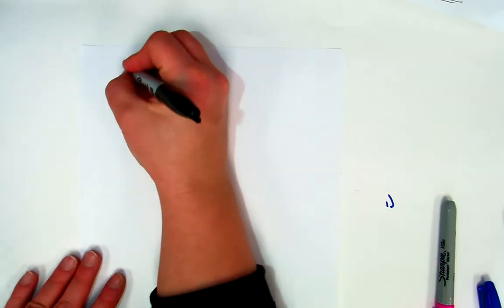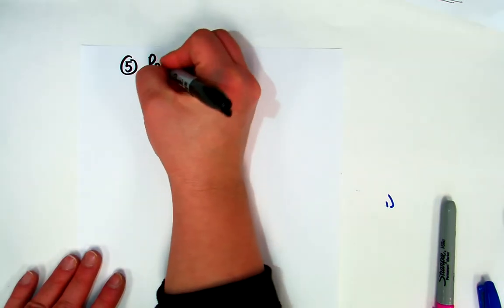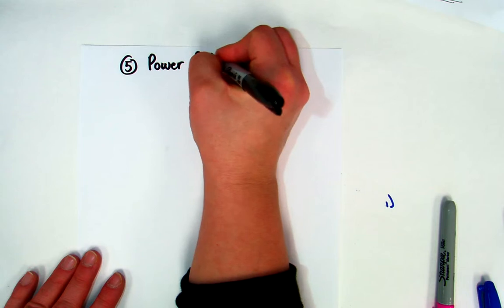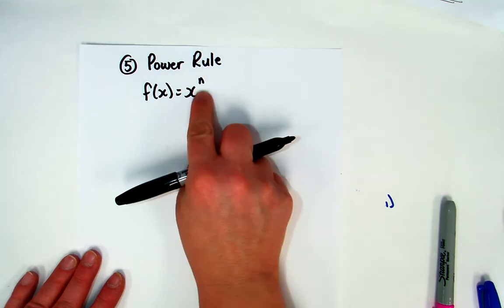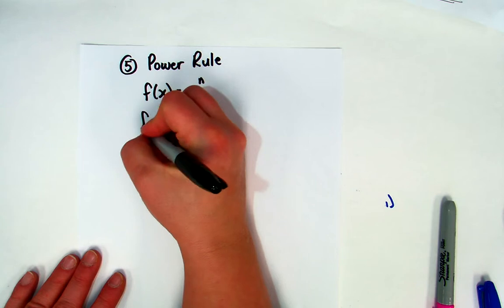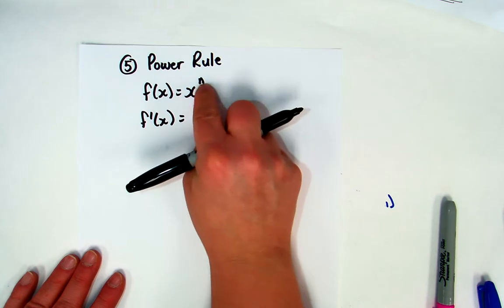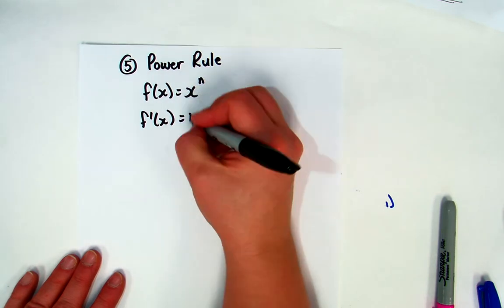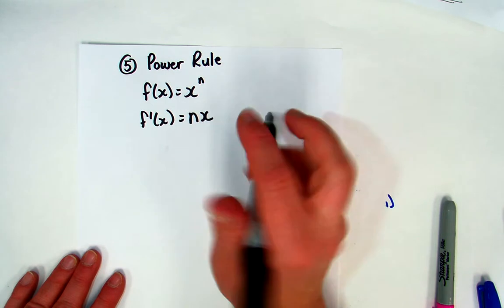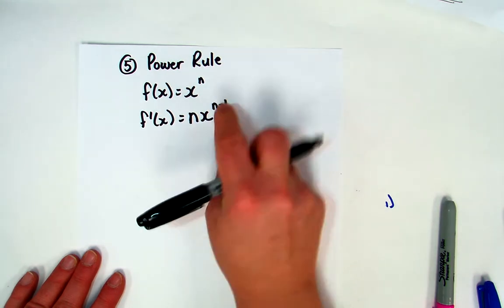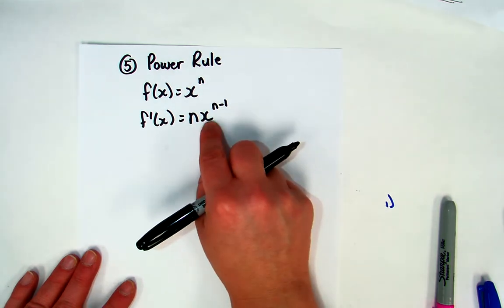And the last rule, which is the power rule. So if f at x is equal to x to some power n, so some exponent, then f prime at x is, this exponent comes down in front and multiplies, so n times x, and then you drop your exponent by 1. So whatever n was, you subtract 1 to get your new exponent.